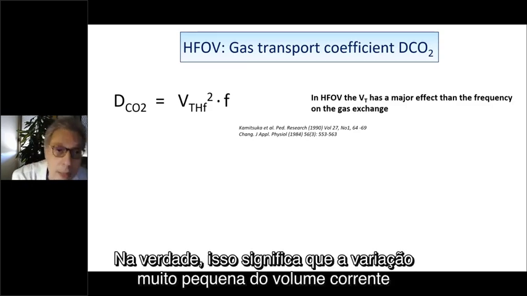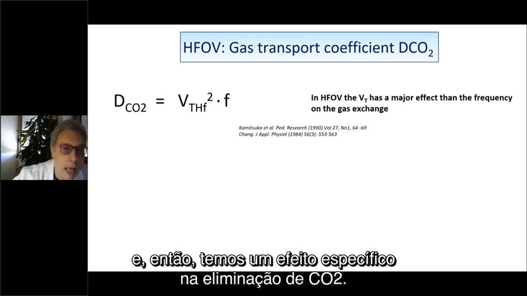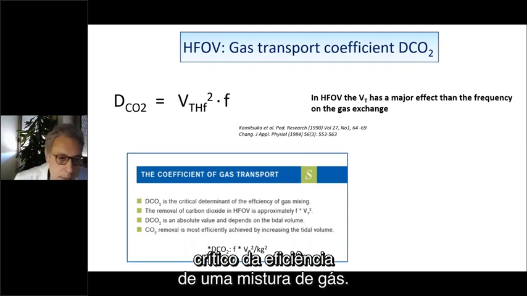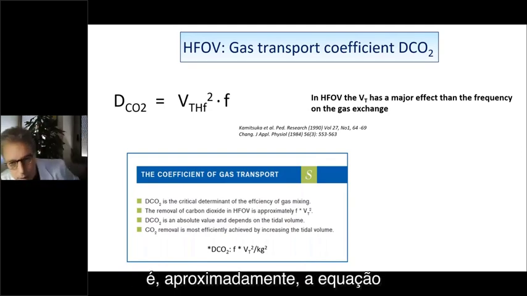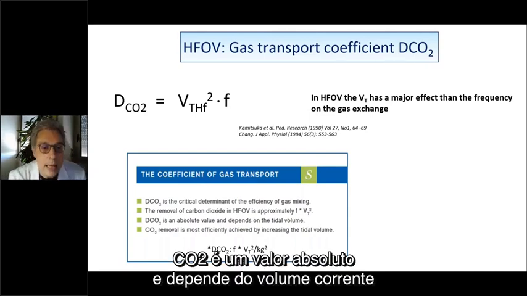In effect, it means that very small tidal volume variations are responsible for a dramatic increase of CO2 elimination. In other words, DCO2 is the critical determinant of the efficiency of gas mixing. The removal of CO2 in high frequency is approximately the equation frequency times tidal volume squared, and this DCO2 is an absolute value and depends on the tidal volume.